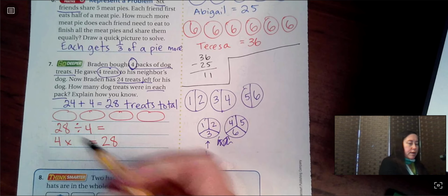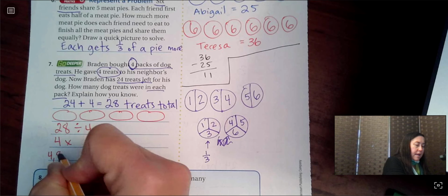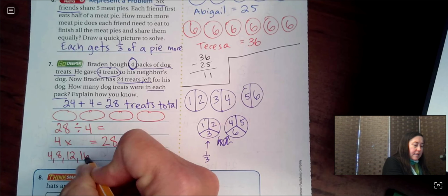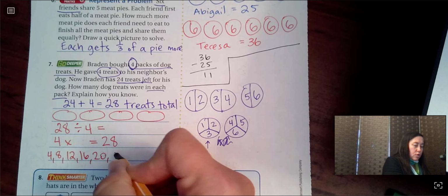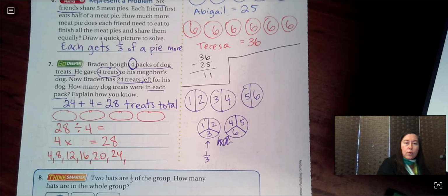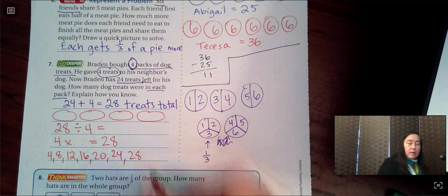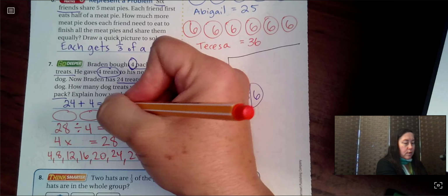Well, let's count by 4s. 4, 8, 12, 16, 20, 24. That's how we roll our 4s. 28. We got to 28, so I'm going to stop.